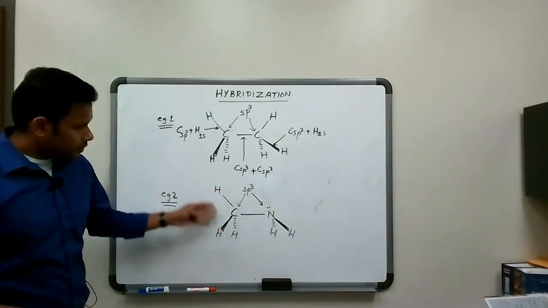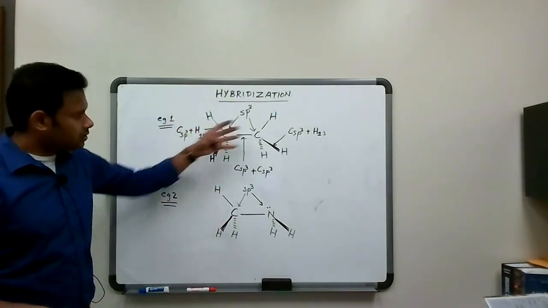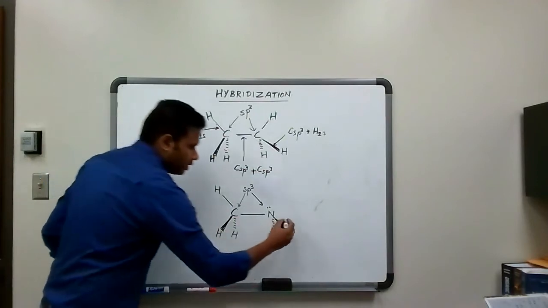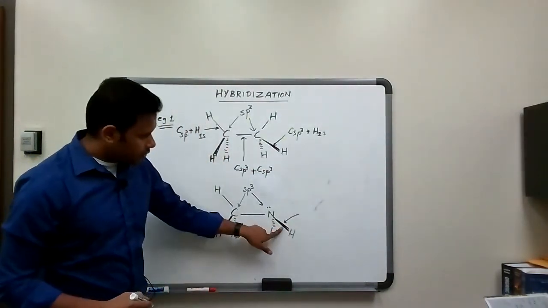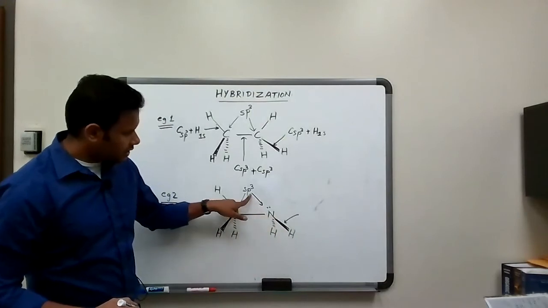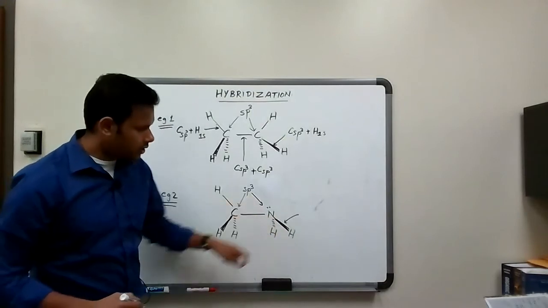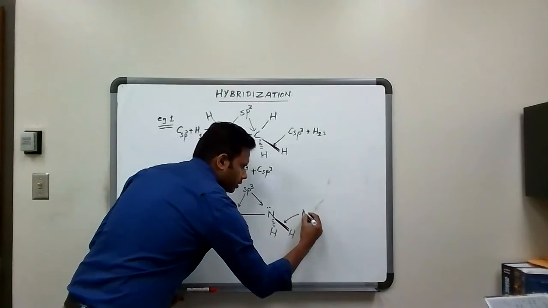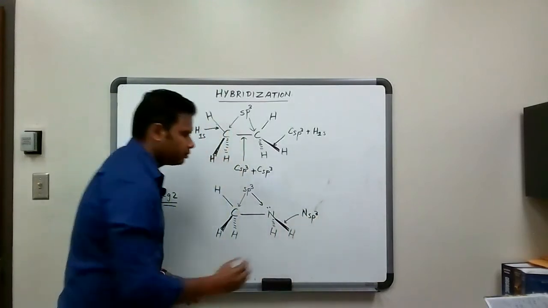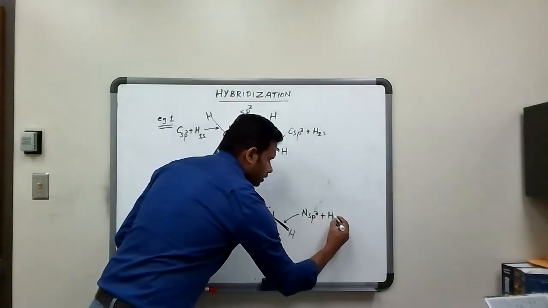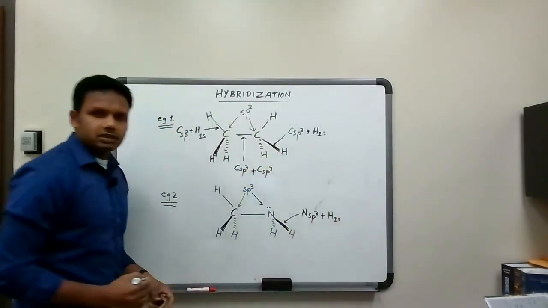Now we've already talked about bonding between carbons and hydrogens here. So that is the same. How would this bond be formed? This is a bond between a nitrogen, which is sp3 hybridized, and a hydrogen atom. So this is formed by the overlap of a nitrogen sp3 hybrid orbital plus a hydrogen 1s orbital.